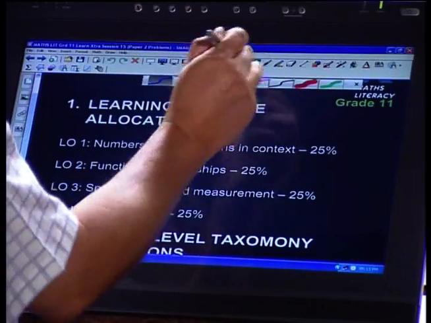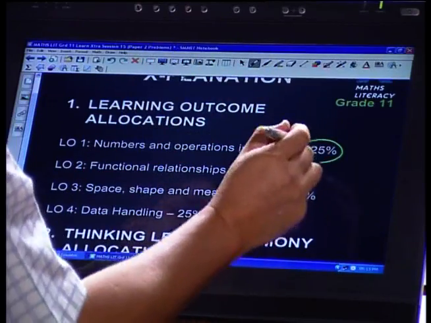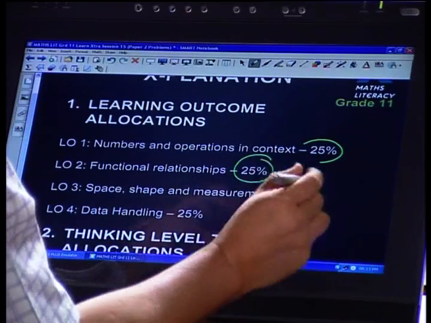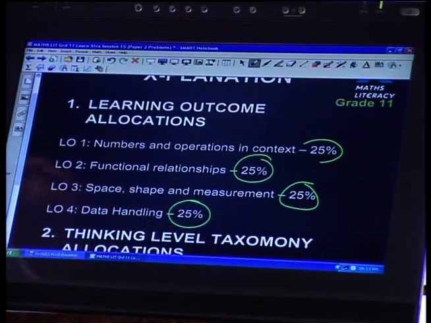But here's the point I'm going to stress here. If you look at the allocation, you will see that each LO counts 25%. So guys, like I said for paper 1, the same principle applies in paper 2. You cannot say, hey, I didn't quite understand graph work, so I'm not going to learn that part, and hopefully we won't get many questions on that.